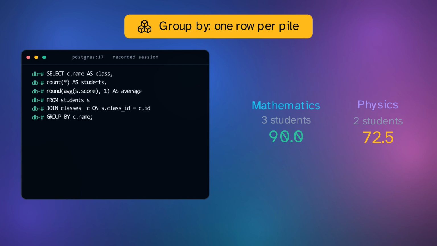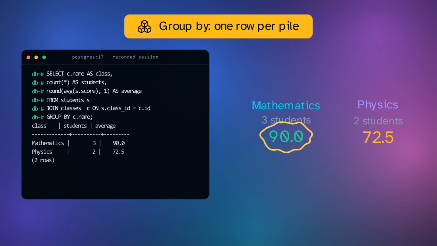Predict before I run it. Mathematics has 3 students. Physics has 2. Which class do you think has the higher average? Mathematics at 90. Physics at 72.5. 2 rows. Because there were 2 piles. That is the rule for group by.